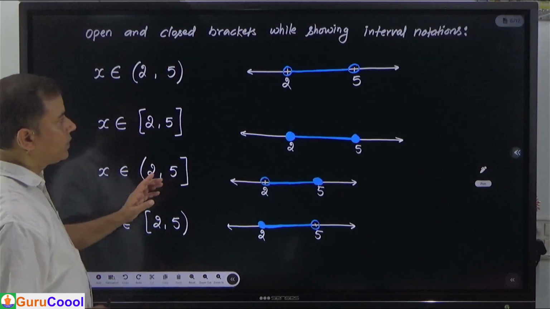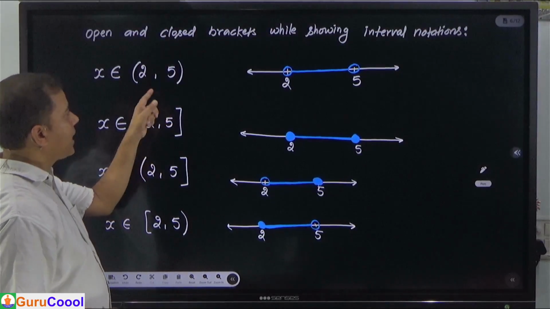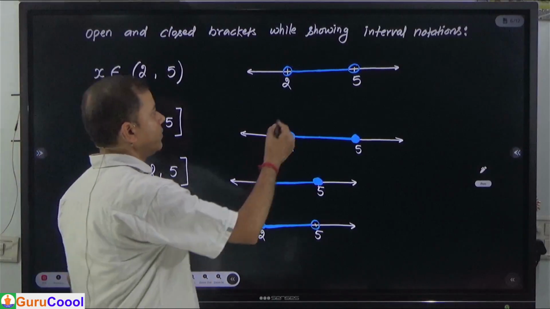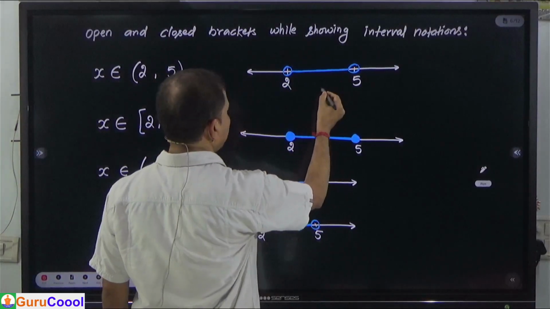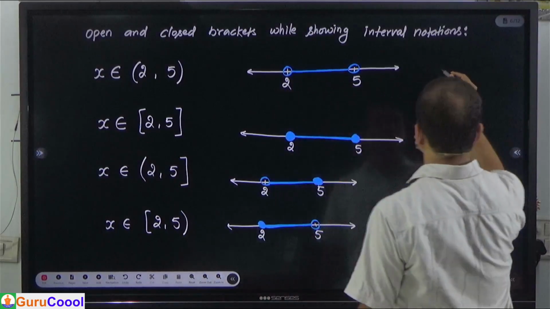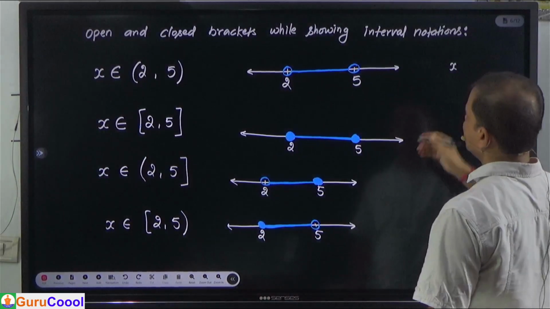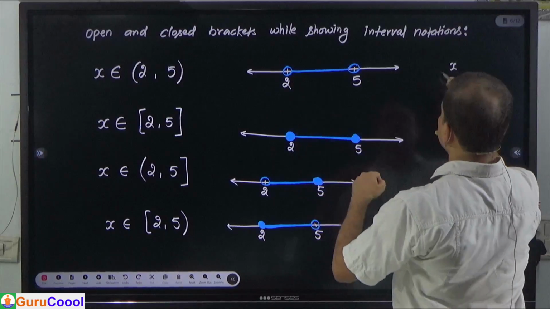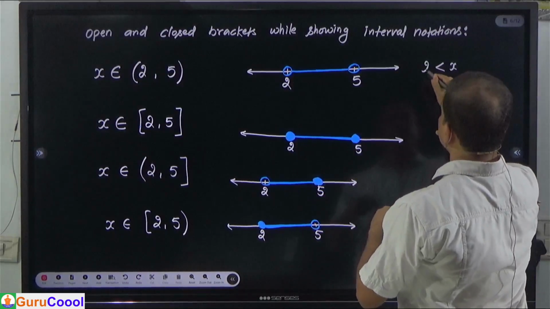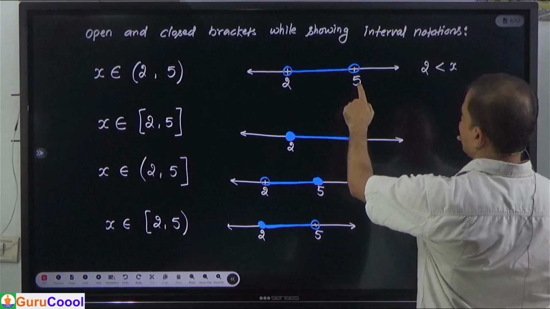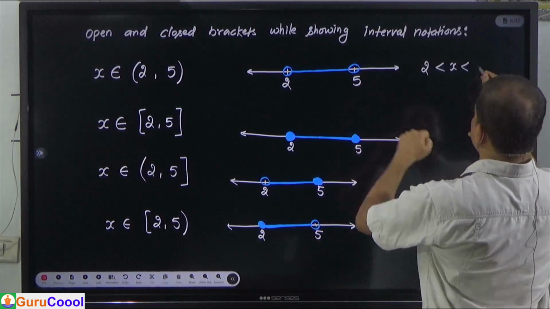I would like to take you back here. We can write this inequality in one more way. In the first one, x is not equal to 2 but greater than 2. We can write this way also, and lesser than 5.